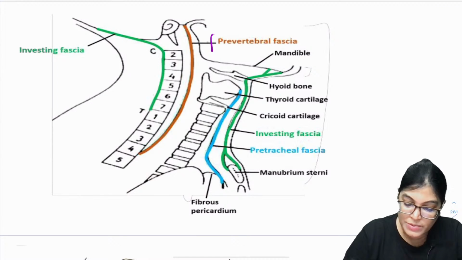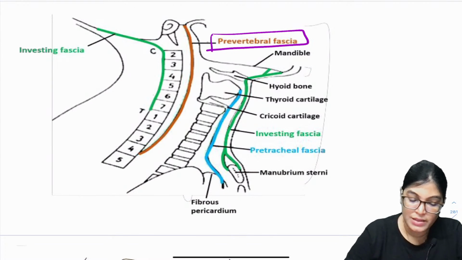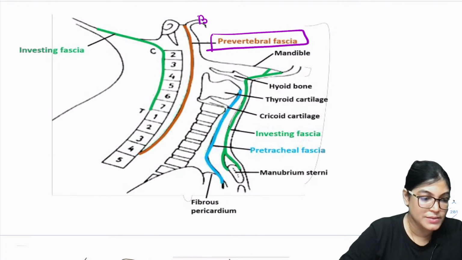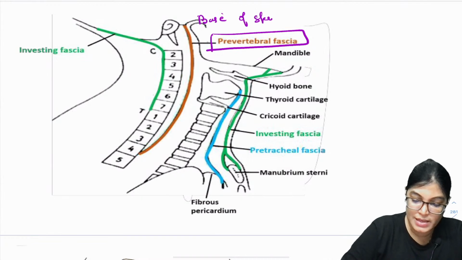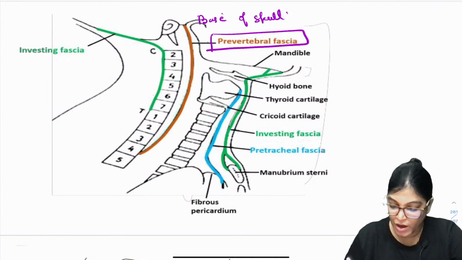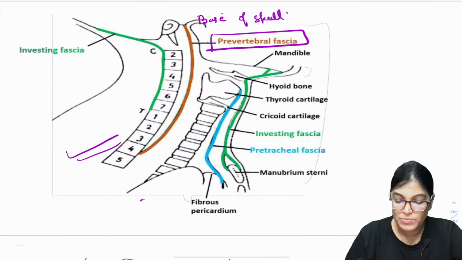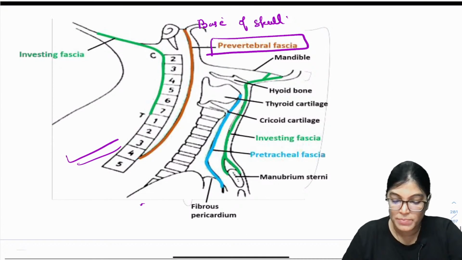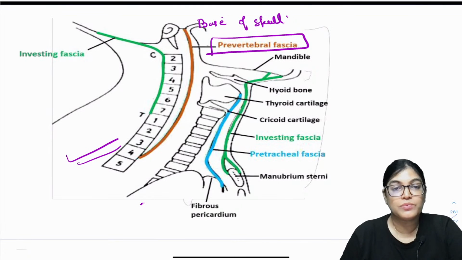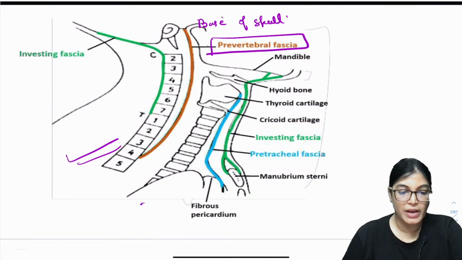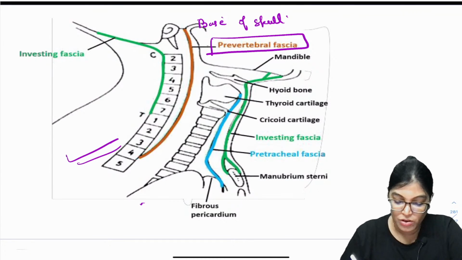So see here, in the prevertebral layer, above the hyoid and the upper aspect, it is attached to the base of skull. And lower down, as you can see here, it merges with the thoracic vertebrae. It is merging with T1 to T3 vertebrae and the anterior longitudinal ligament.